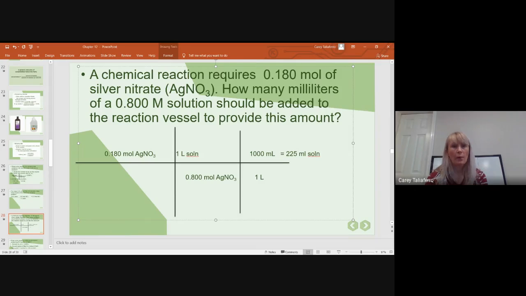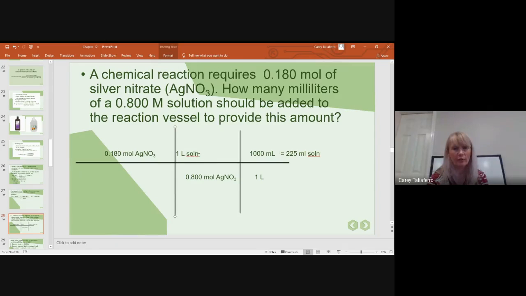Okay. Now, because of my definition of molarity, I'm going to flip it because I have 0.8 moles of silver nitrate in 1 liter, and I started with moles. So if I take this and divide by the molarity, I'm going to come out with a volume. If I divide 0.18 moles by 0.8 moles per liter, I will be left with liters.